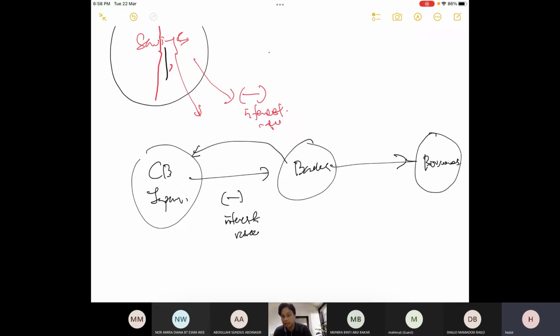That's compulsory, mandatory for them. If the bank keeps the money at the central bank level, by right they should get some return. But in the case of Japan, the bank will be charged by the central bank a certain amount of money. This is what we call the negative interest rate.